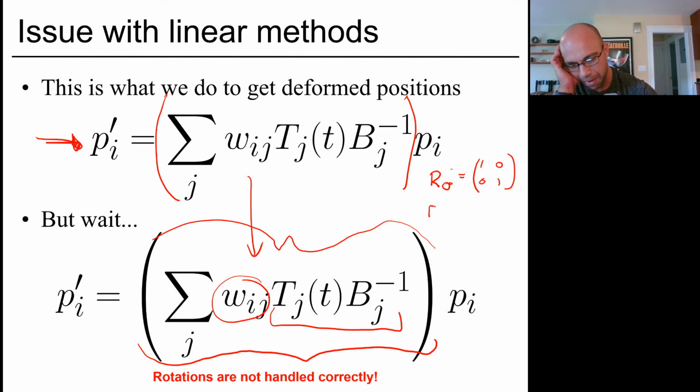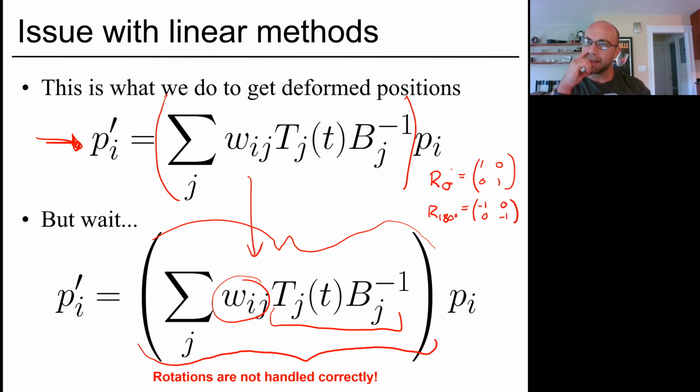If I don't, I'm sure I'll hear about it on Piazza, which is fine. But if I rotate by 180 degrees, what's going to happen? Well, the x-axis becomes the minus x-axis. The y-axis becomes the minus y-axis, like that.